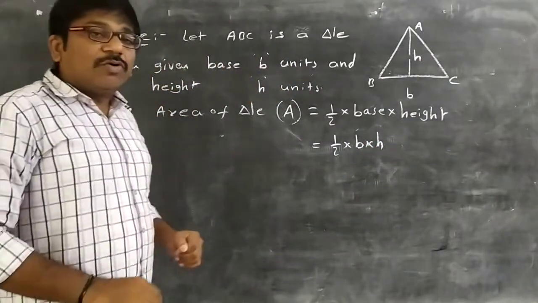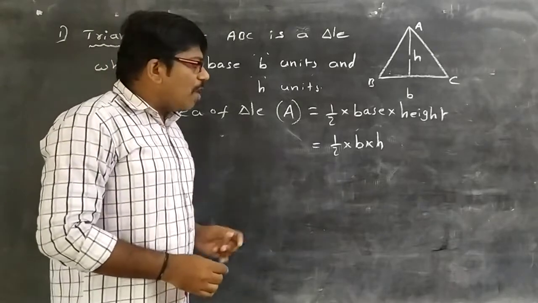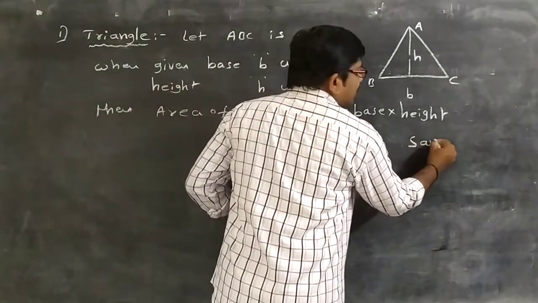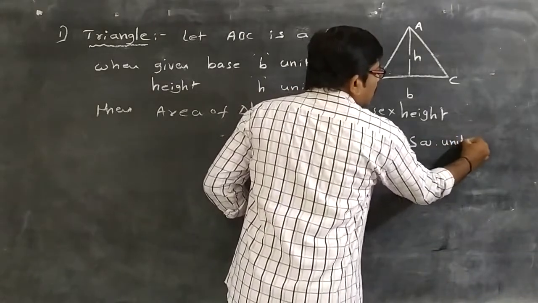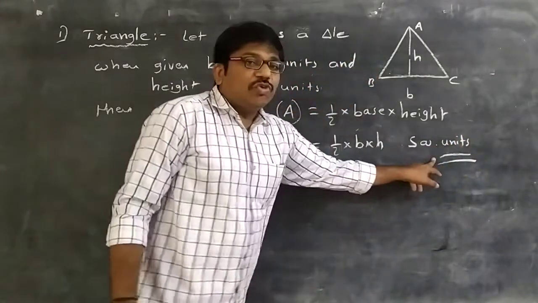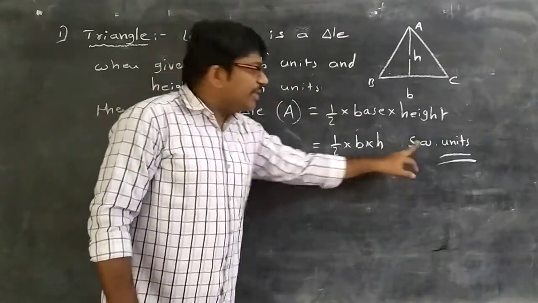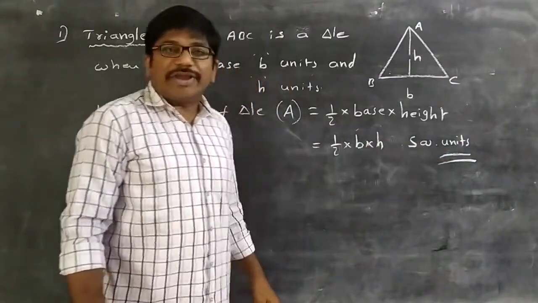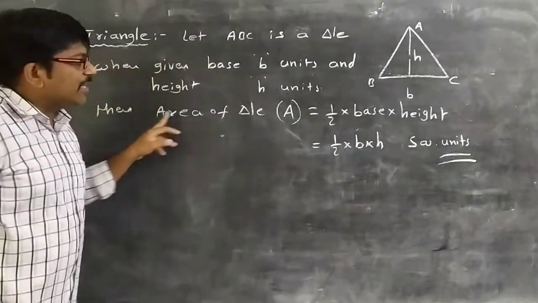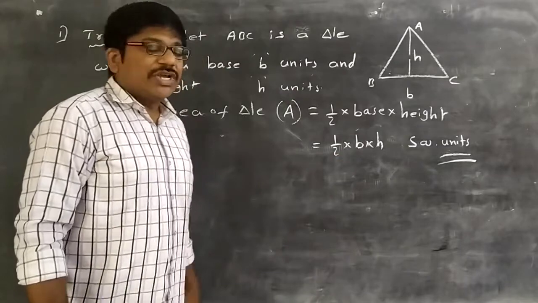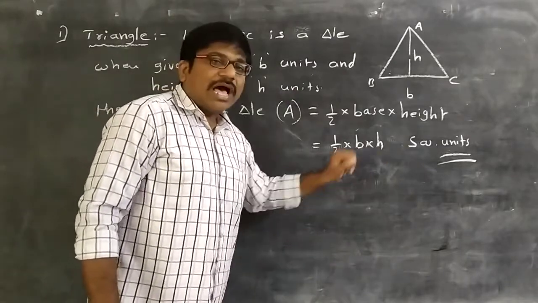That is the formula to find the area of a triangle: half into base into height, in square units. Don't forget units; we must write square units. So the area of a triangle is half into base into height when base and height are given.